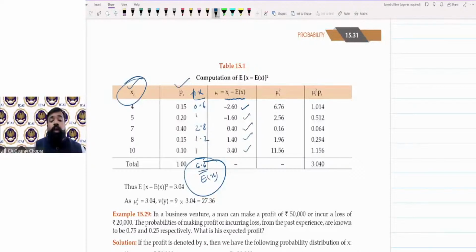But we require the whole square, so squaring this. And not only the square, we require the product of the square with the probability. So let's multiply them and get the result as 3.04. So this is the variance.